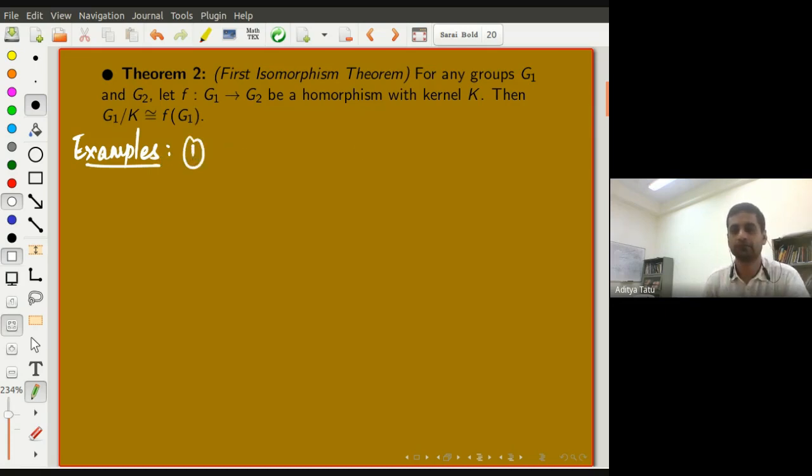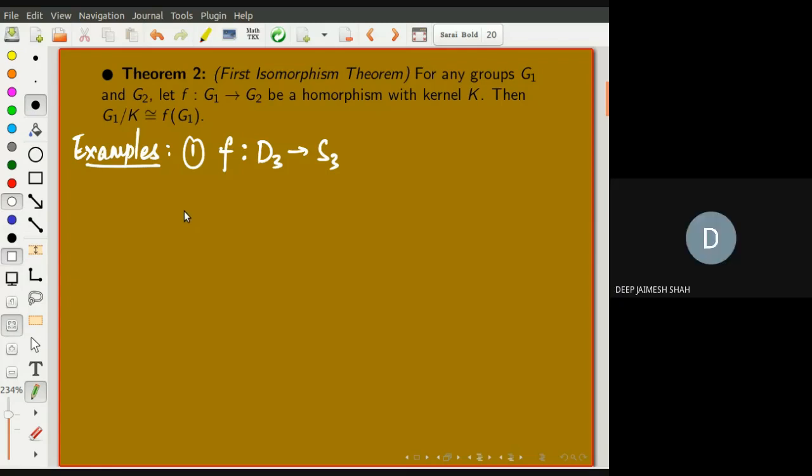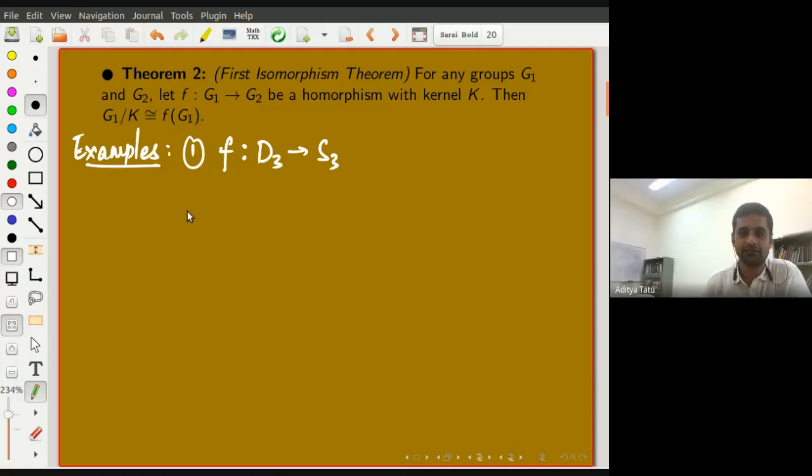D3 and S3. Okay. It's going to be a very interesting example, but still, let's try that. D3 to S3. And can you define the homomorphism? Identity maps to identity. Right, that is given then.